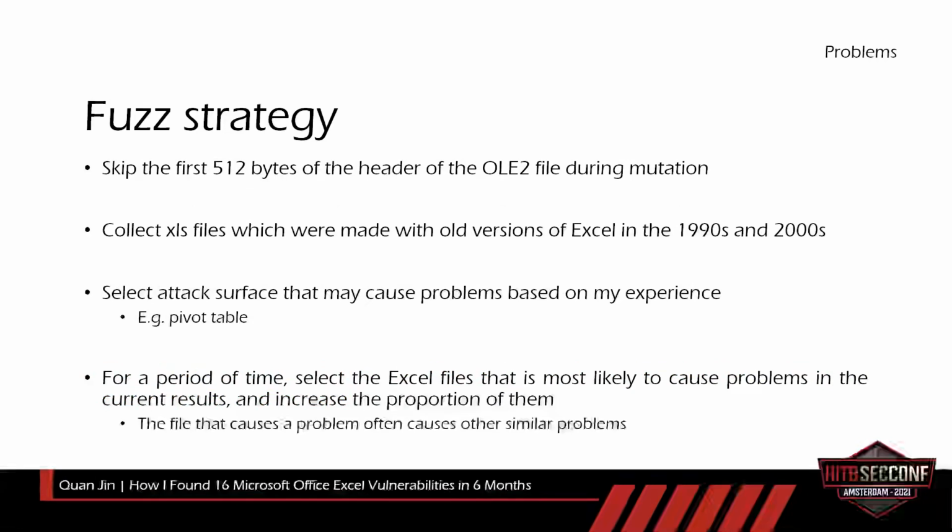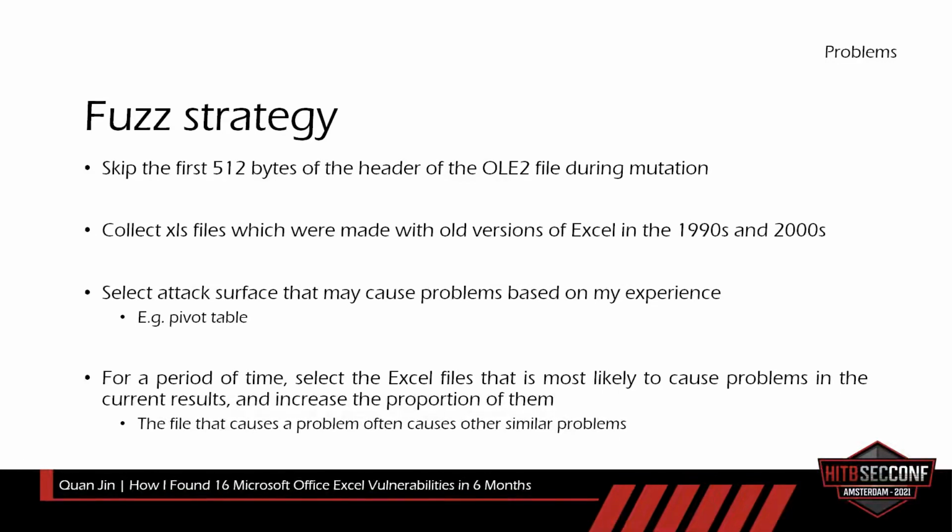My experience on fuzz strategies, including but not limited to the following: skip the first 512 bytes of the header of the OLE2 files during mutation to improve the effectiveness of mutation.